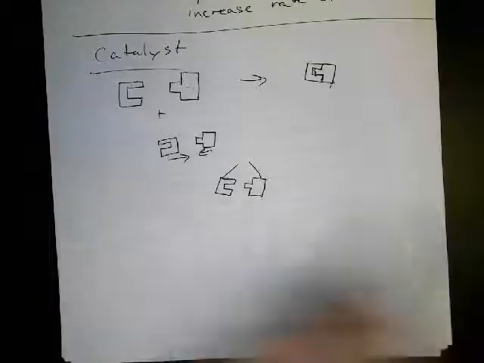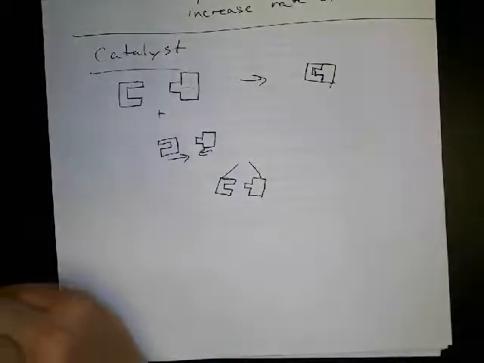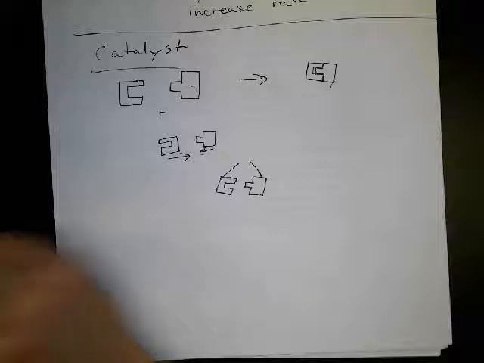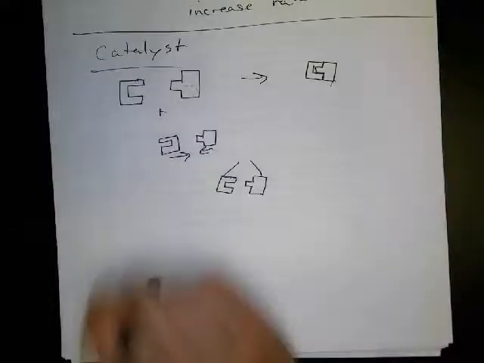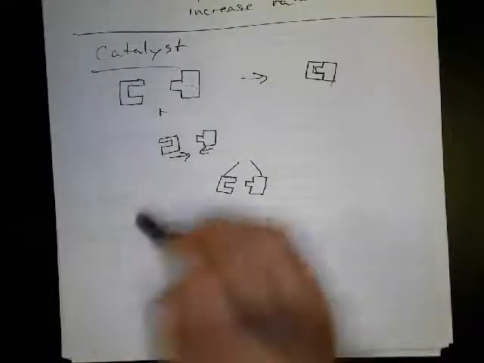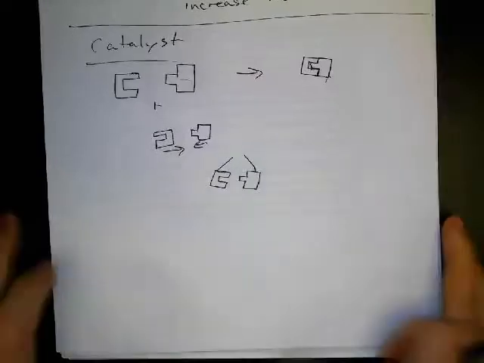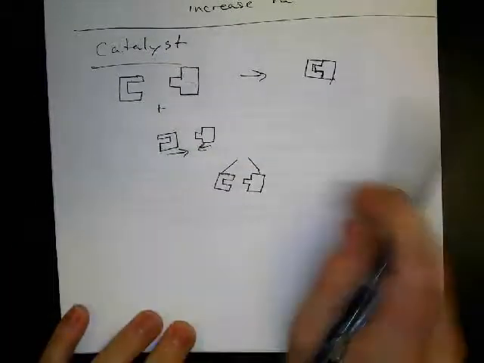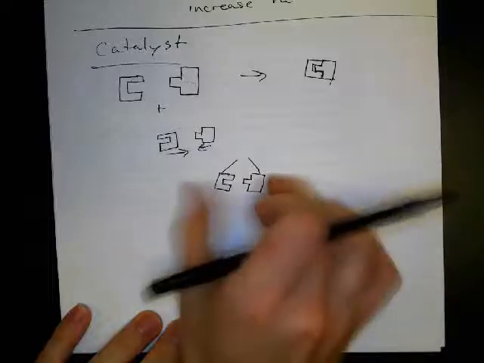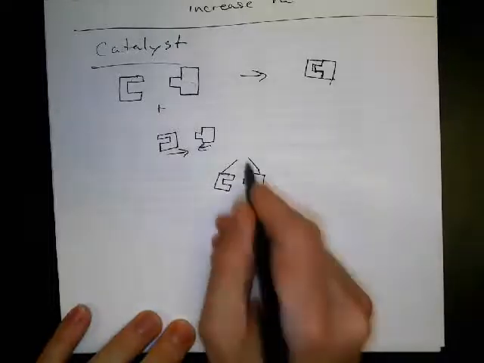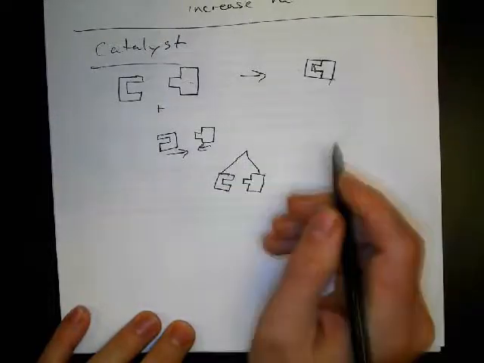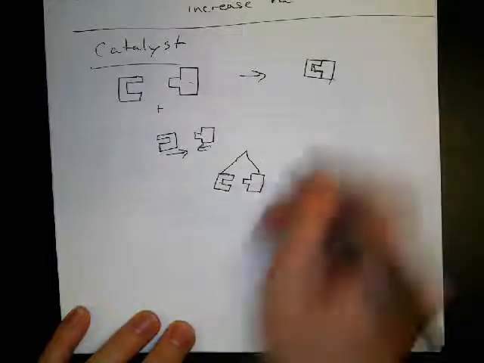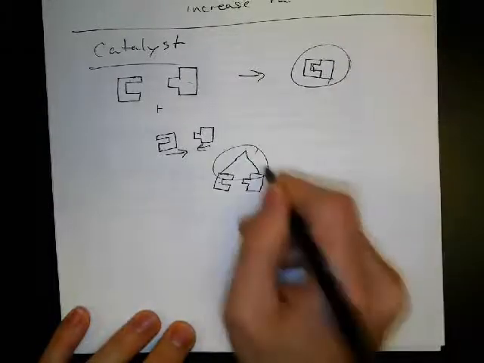Your body actually produces lots and lots of catalysts so that it can accomplish certain chemical reactions within your body that you need for life at the speed they need to happen. So if you had a chemical like this floating around amongst all of these reactants, it would help smush them together. Suppose this is the chemical, let's say it's a little triangle. Once these two react and form your product, this one would detach and go off and find another pair. So you could actually use it more than once.